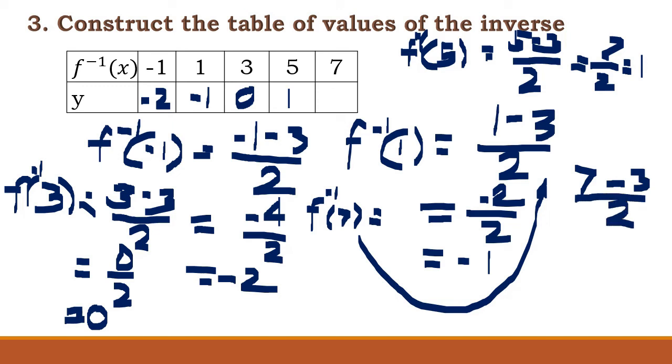So 7 minus 3 is equal to 4 divided by 2, which is equal to 2. So y is equal to 2. You have already constructed the table of values of the inverse with the y values as negative 2, negative 1, 0, 1, 2.